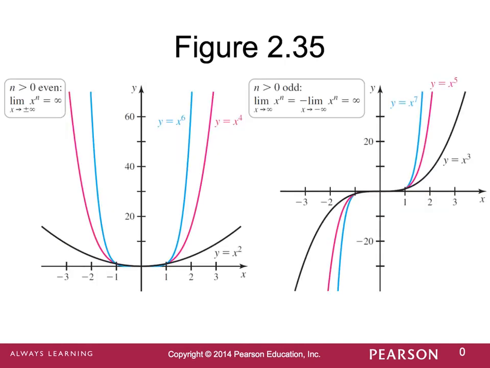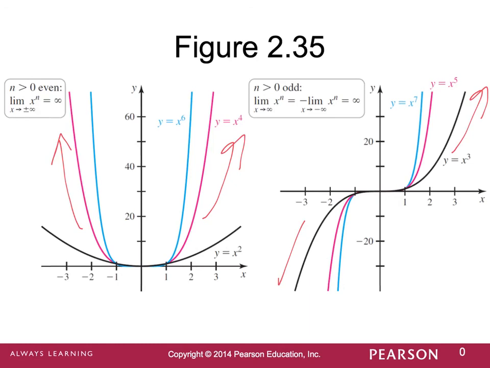Continuing on the even and odd aspect, for all polynomials that are even, we see that the limit as x approaches positive or negative infinity is positive infinity. We go up to positive infinity on both sides. And for odd, we go off into opposite infinities.